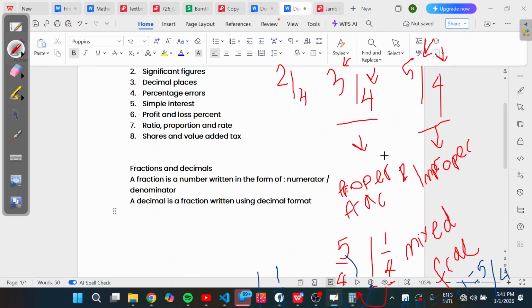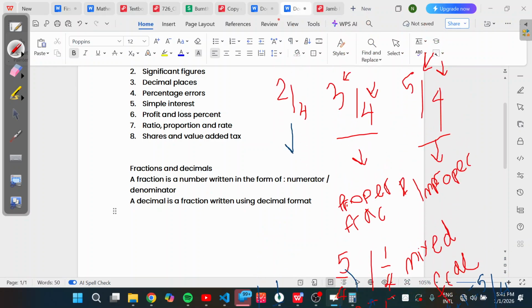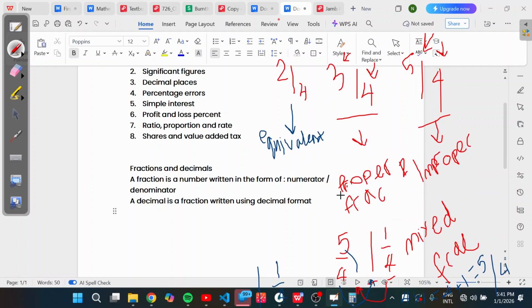Now the other type of fraction is the equivalent fraction. These fractions are just fractions that are equal to each other, or can be simplified to each other. 2 over 4 can also be written as 1 over 2.